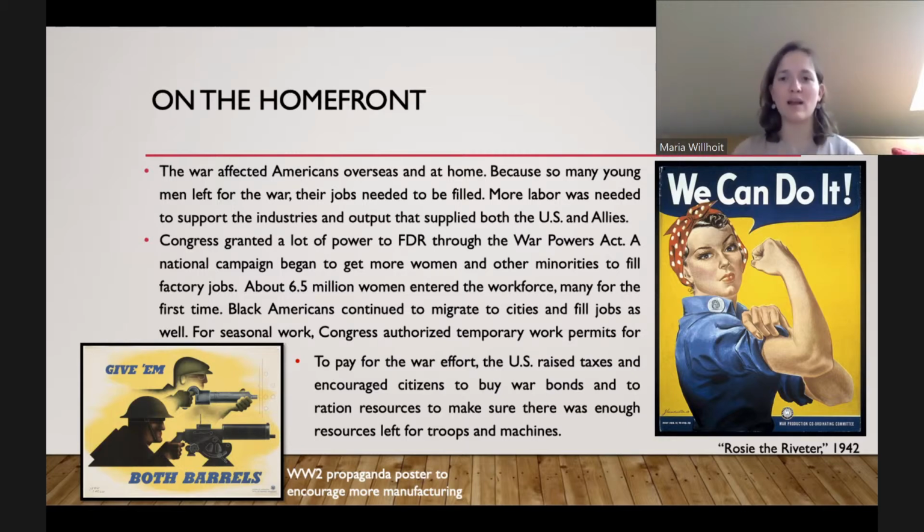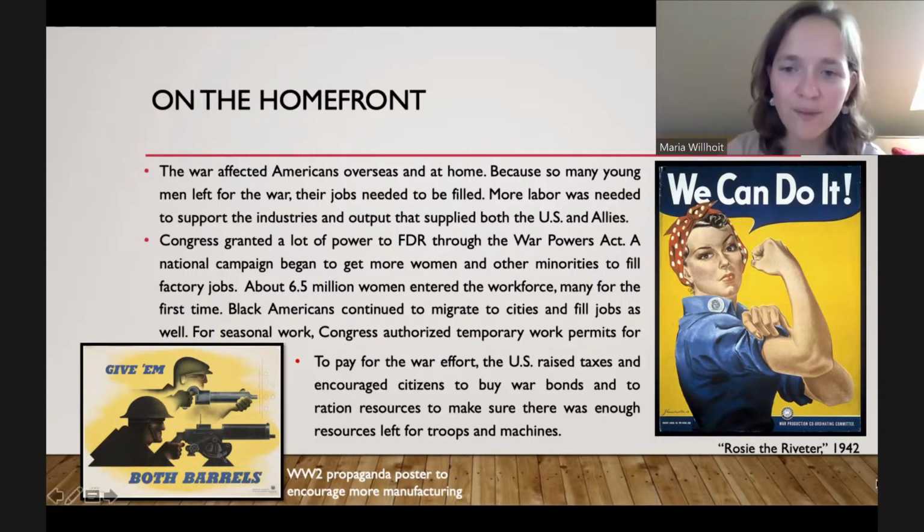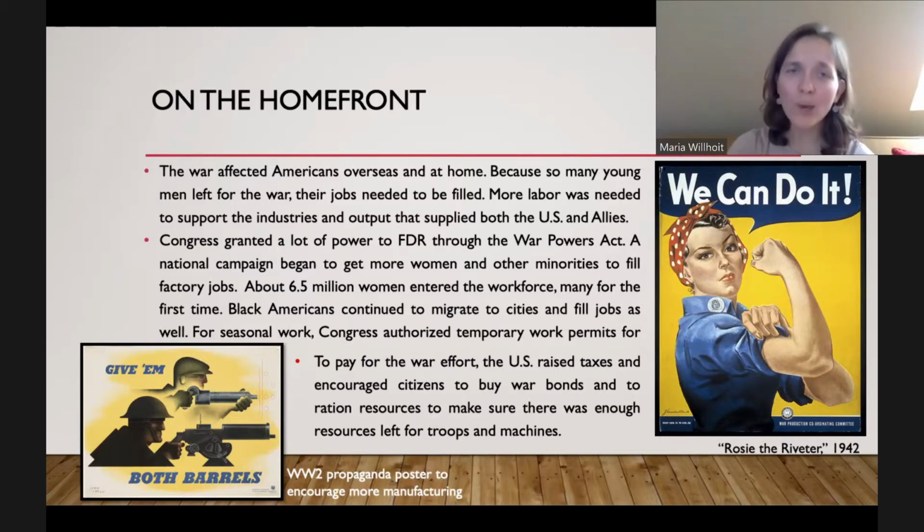It takes everyone's efforts. And this is a very famous picture of Rosie the Riveter. This is one of the campaigns to try to get women to join the workforce.